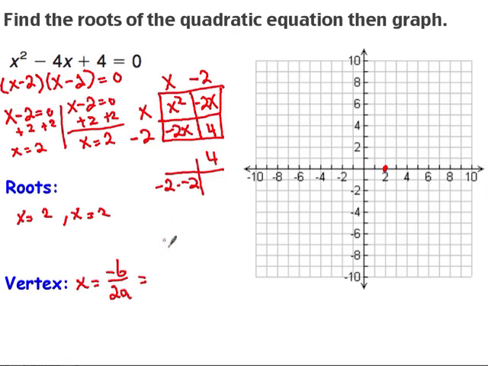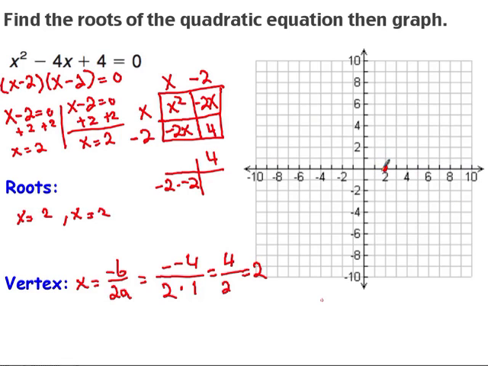Now b is -4, so negative b is 4, and then 2a, a is 1 right here, so 2 times 1. Negative negative is positive, so it's 4, and then 2 times 1 is 2, so this is equal to 2. And you can see that this is what we expected because we have only 1 zero.